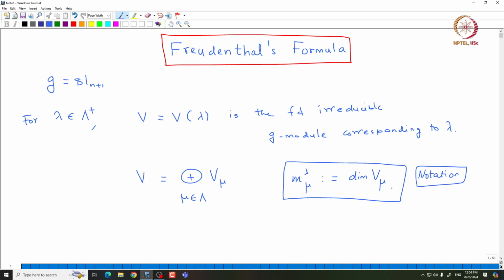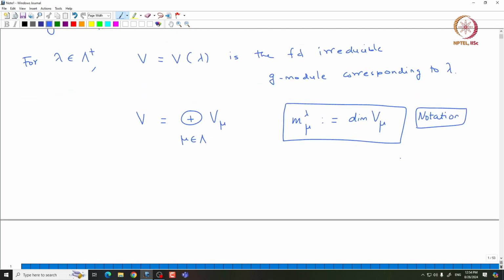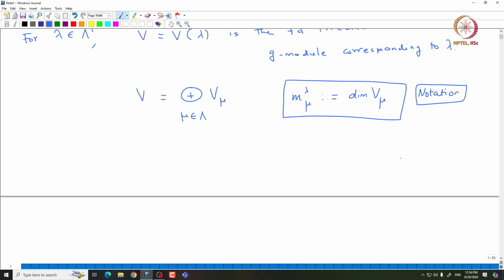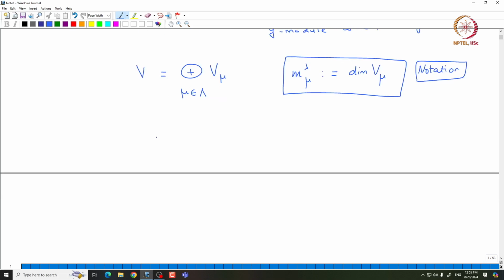With this notation, the Freudenthal formula gives a recursive way of computing the weight multiplicity, starting from the weight lambda, whose multiplicity is 1, that much we know. So, m lambda lambda, the multiplicity of the highest weight, is exactly 1.